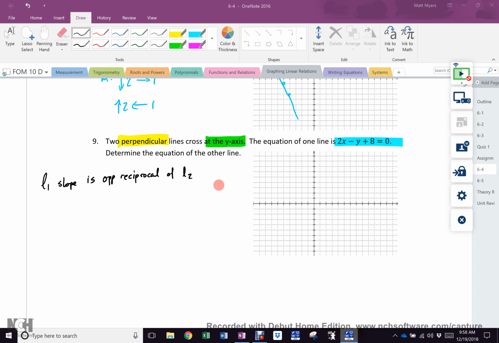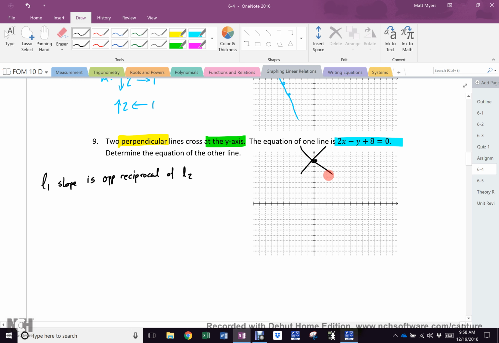If they cross at the y-axis, that must mean they share a y-intercept, doesn't it? So that's point 2 that we know. They share a y-intercept. Agreed?